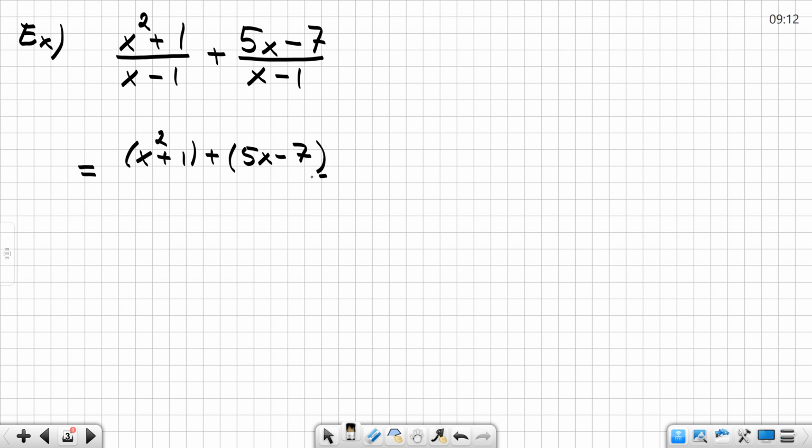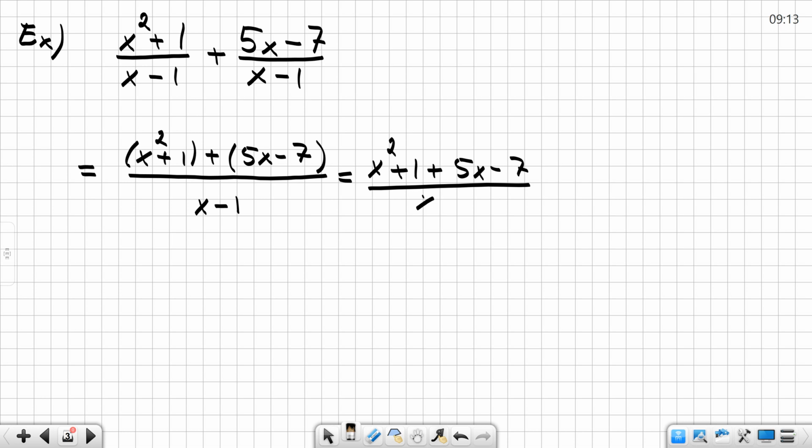Placing these parentheses is extremely important, specifically when we are moving on in just a moment with subtraction. In the bottom, I can leave those parentheses away. So, again, I open up my parentheses, x squared plus 1 plus 5x minus 7, all over x minus 1.